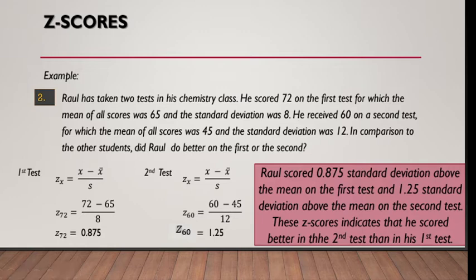So this is example number two, guys. We cannot directly compare which test he did better on, because in the first test he scored 72 with a standard deviation of 8, but in the second test he got 60 with a standard deviation of 12. So in this example, we cannot directly compare which one he excelled in, because the values of the mean and standard deviation are different. That's why we need to use the z-score in order to know the position of each value.